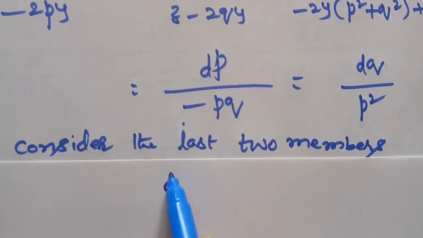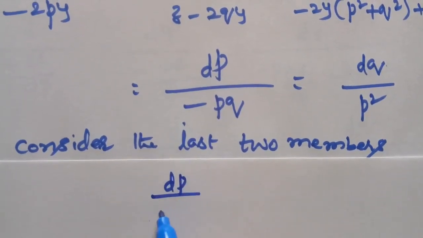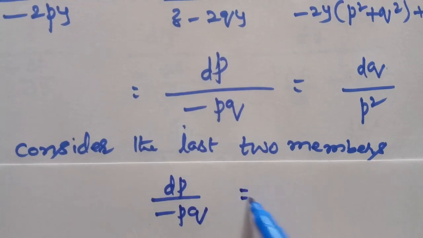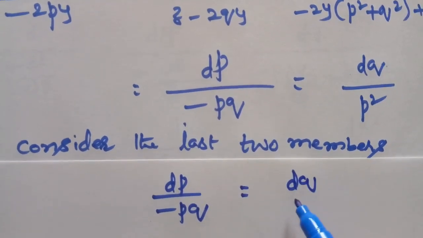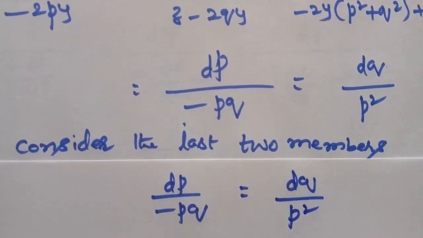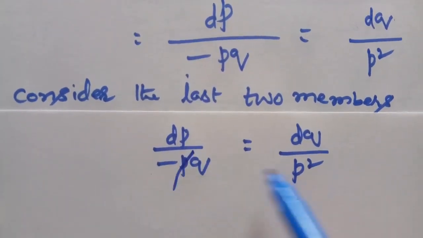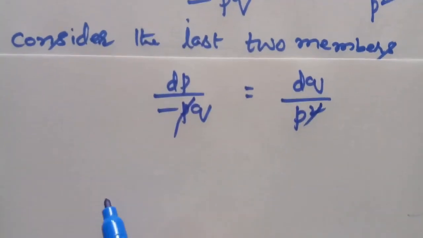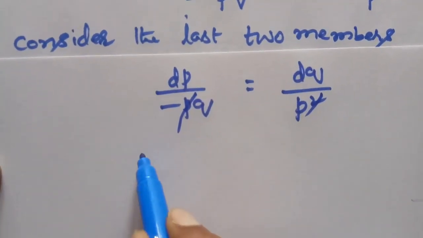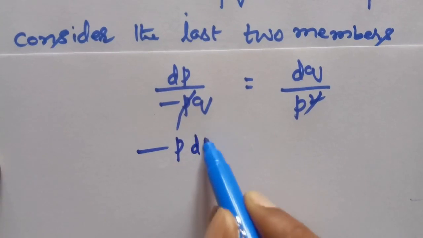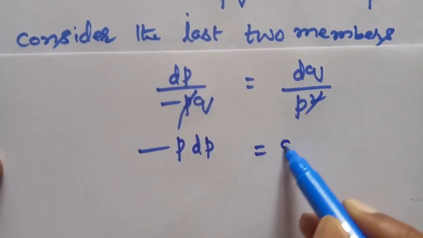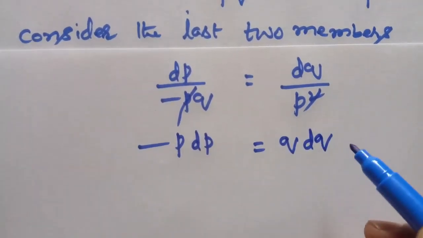Now p gets cancelled. By cross multiplication, this becomes minus p into dp is equal to q into dq.